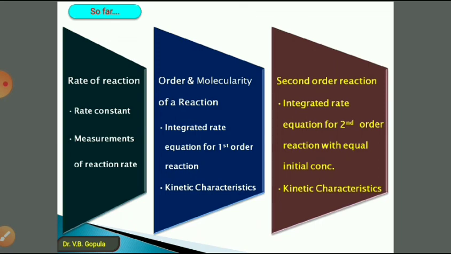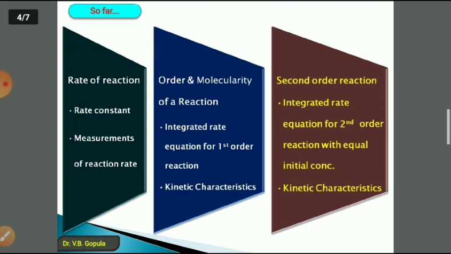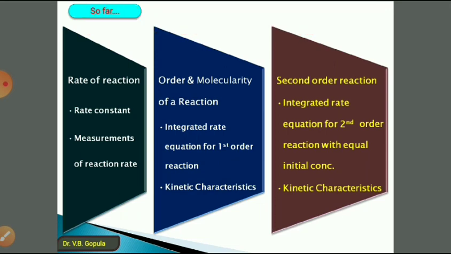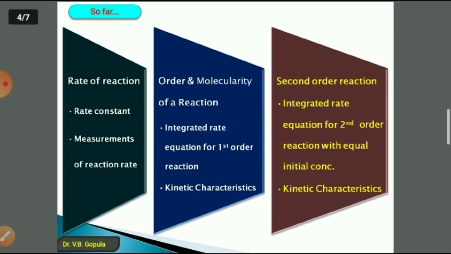Today we have seen the order of reaction, the integrated rate equation for second order reaction with equal initial concentration, and finally the kinetic characteristics, in which we saw the half time and the graphical representation of a second order reaction. So that's it for this lecture.